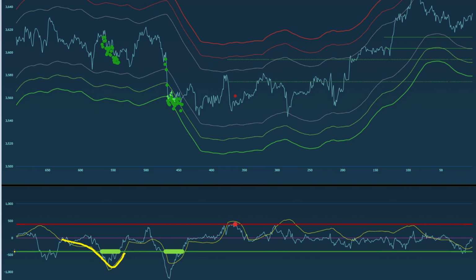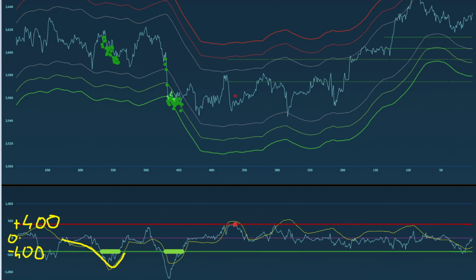This is minus 400, right? This red line is plus 400, something like that, and this purple line is 0.